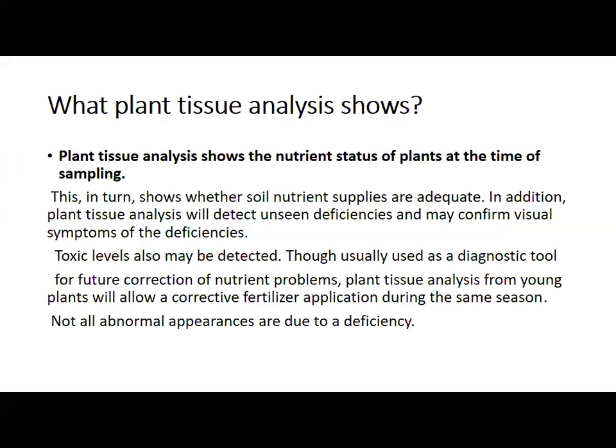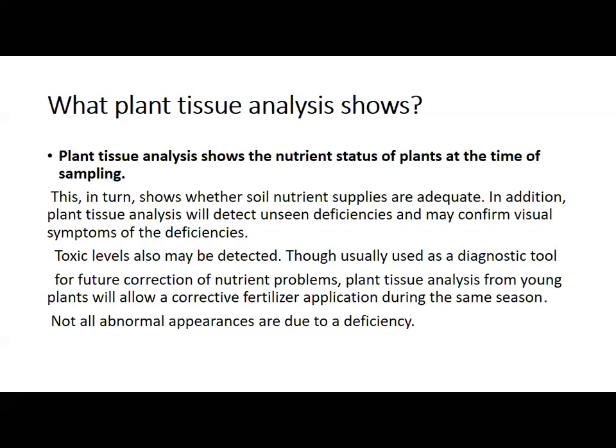Then one of the most important facts is what plant analysis shows. Soil analysis marks the availability of nutrients in a soil, but plant analysis marks the uptake of nutrient status of plants at the time of sampling.